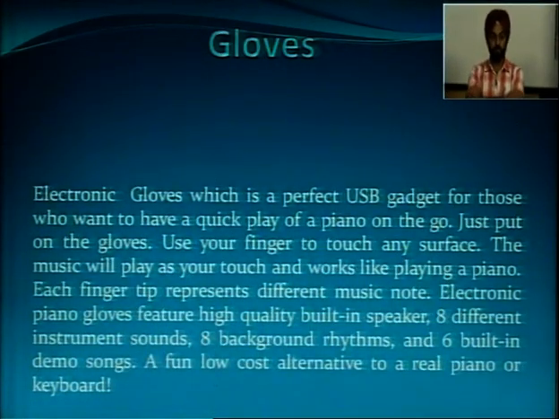Next one is the globes, the electronic globe, which is a perfect USB gadget for those who want to have a quick play of a piano on the go. Globes are not very familiar on your side, because the globe is totally a modern field for multimedia devices.